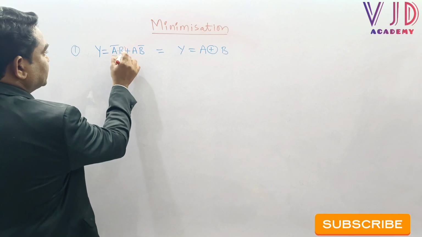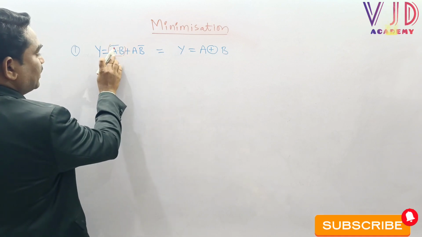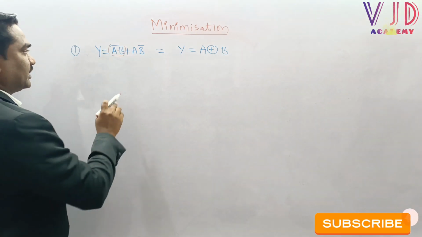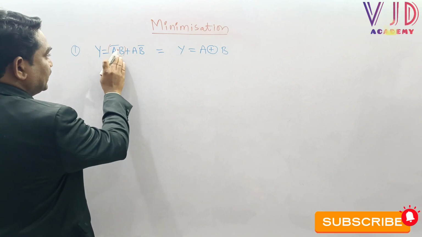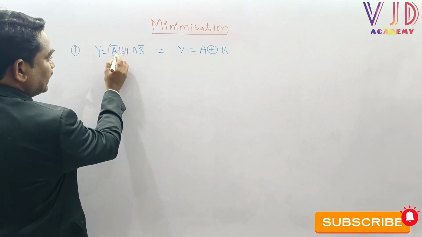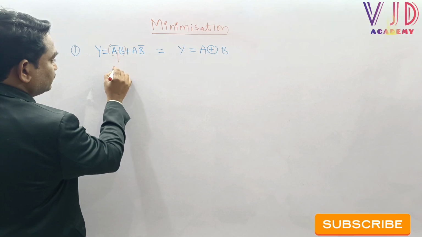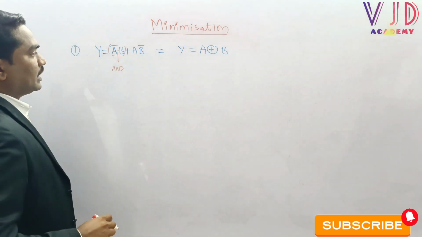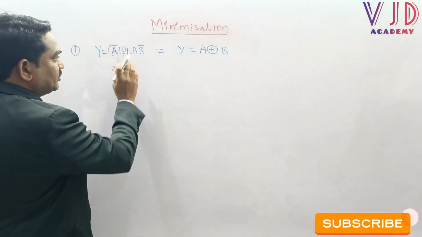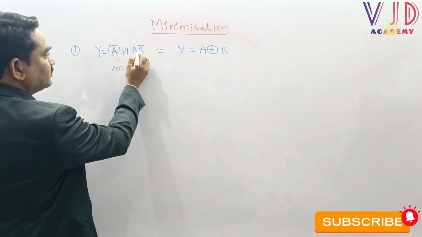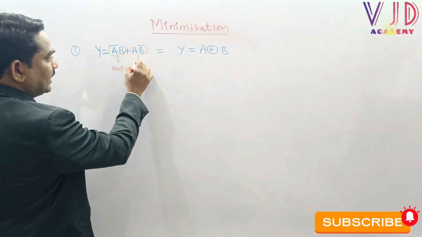This is the first one, where a bar is multiplying with b, which means we are using one AND gate here. Also the second part, a into b bar, uses one more AND gate.